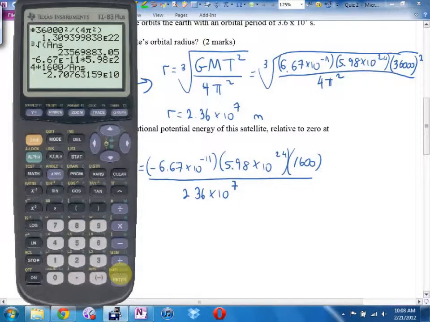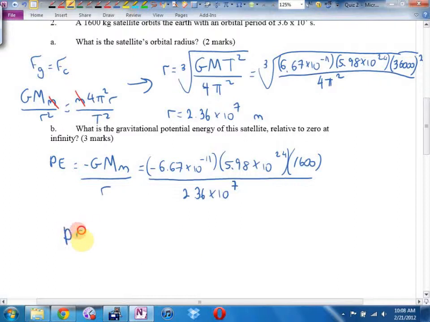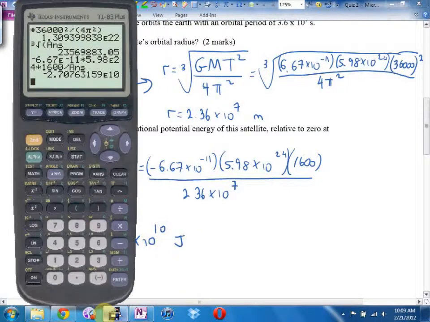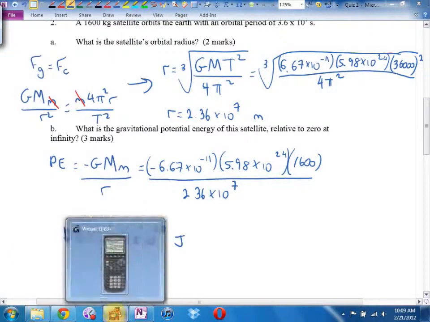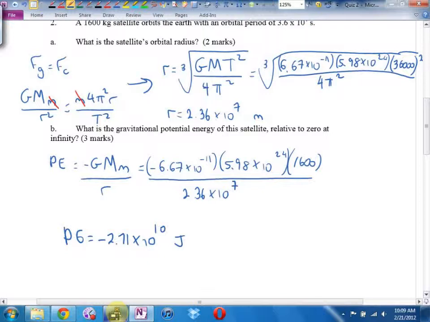Do you get negative 2.71 times 10 to the 10th? I think that's right. Pretty sure that's right. Here, 1 mark, 1 mark, 1 mark.